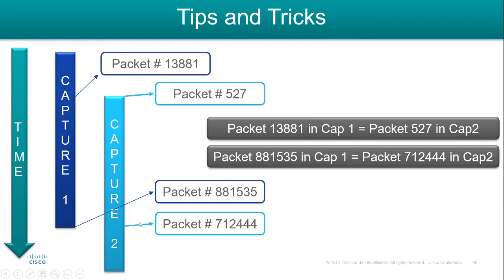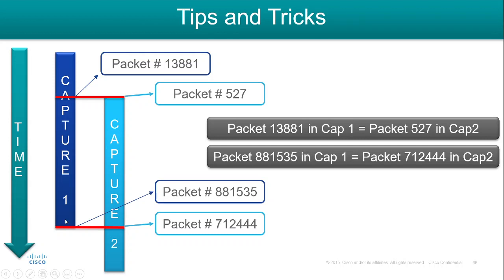So in the first capture was packet 881535, and in the one over here was 712444. Knowing those two ranges, I can now export them out, and if I do it successfully, then that means both of my captures will start and end with the exact same packets.